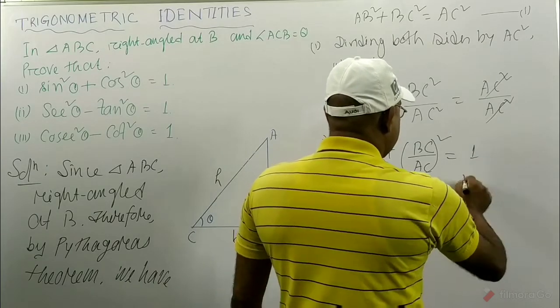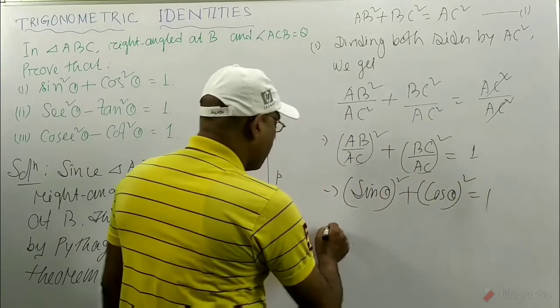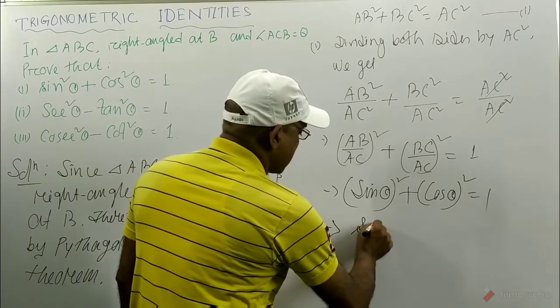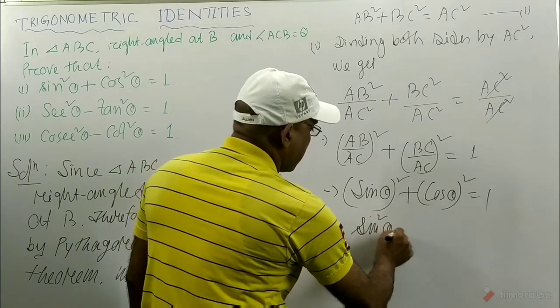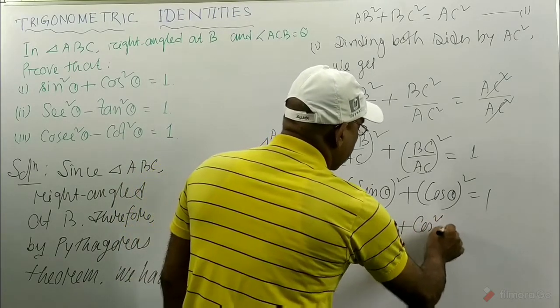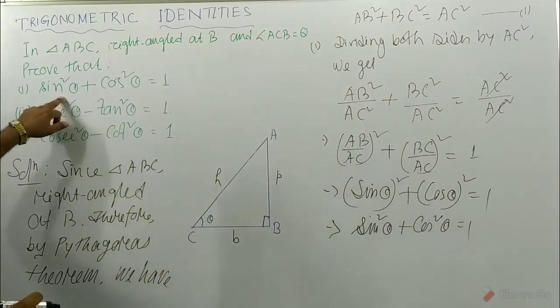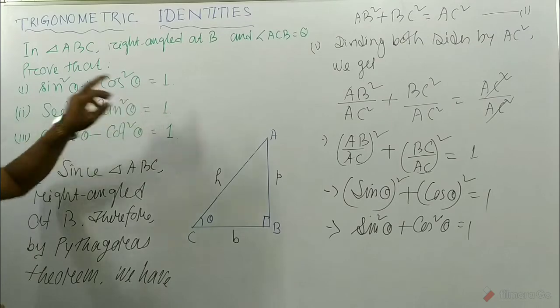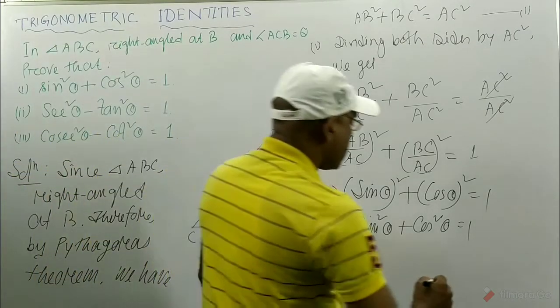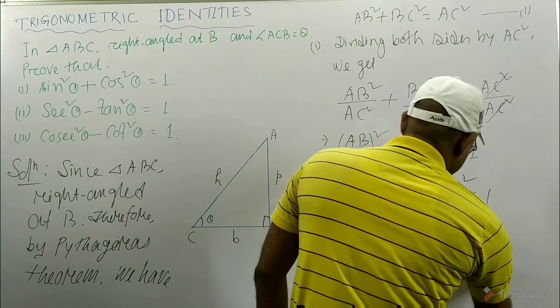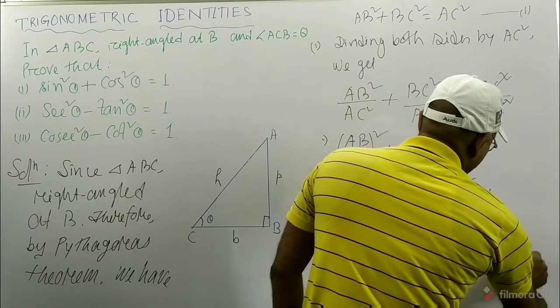So therefore we can write sin square theta plus cos square theta equal to 1. So the first one is done. Hence proved.